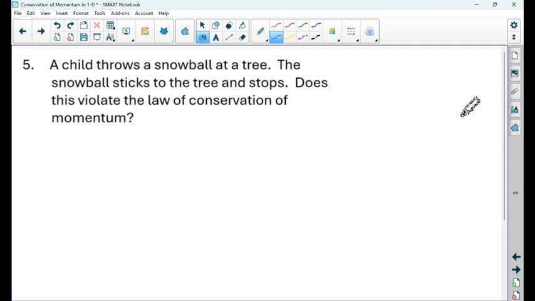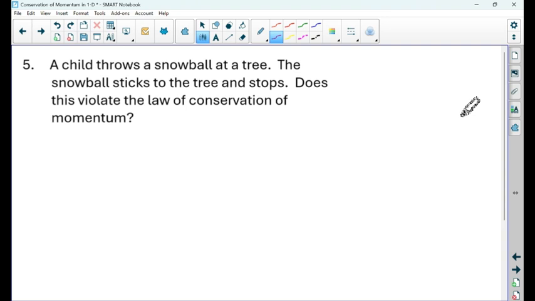Well, here's the big idea here. This would not violate the law of conservation of momentum because the tree is actually attached to the earth, which combined has a huge mass. So the change in velocity of the tree-earth system is so small that you can't perceive it. It's kind of like how with Newton's third law, the earth pulls on us, we pull back on the earth.